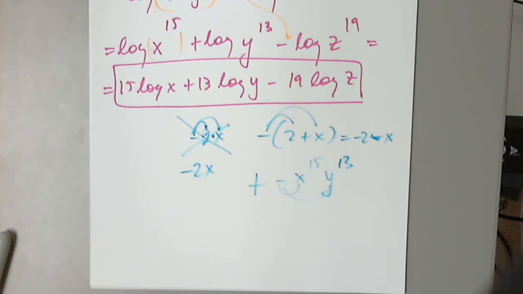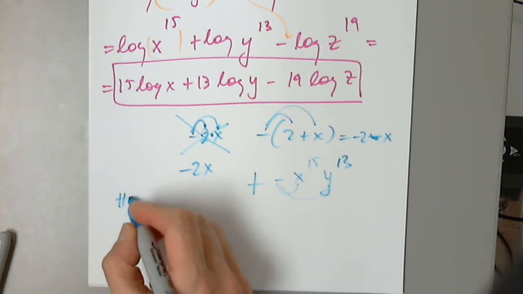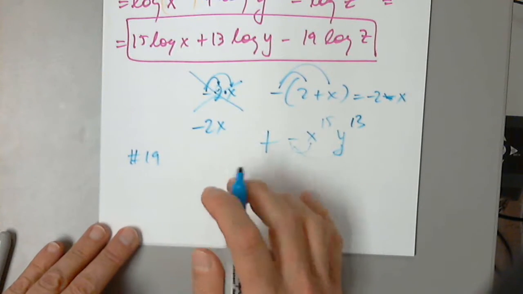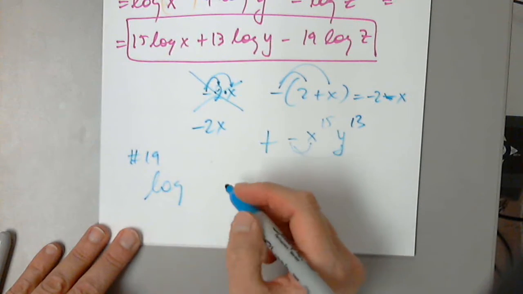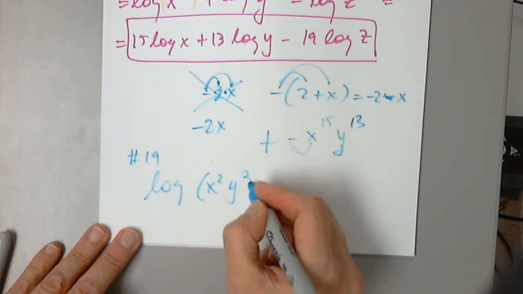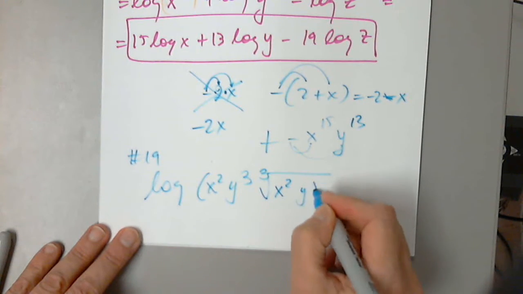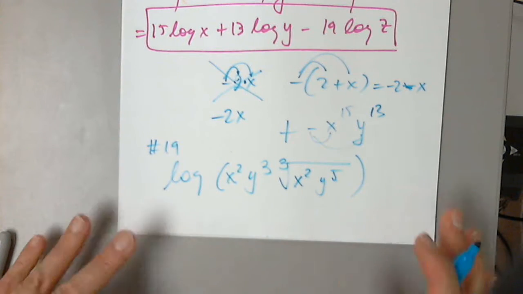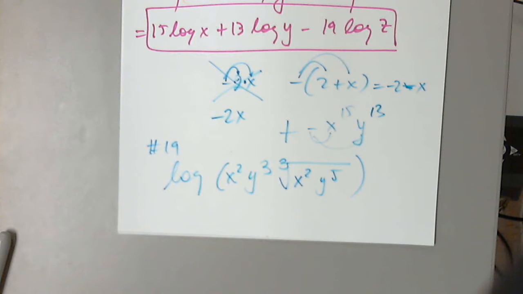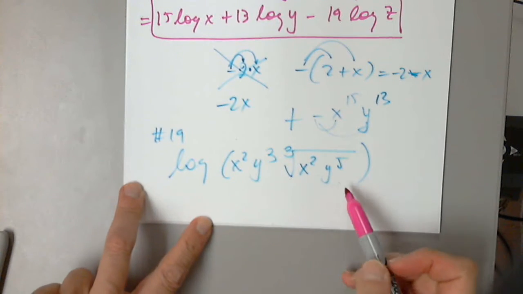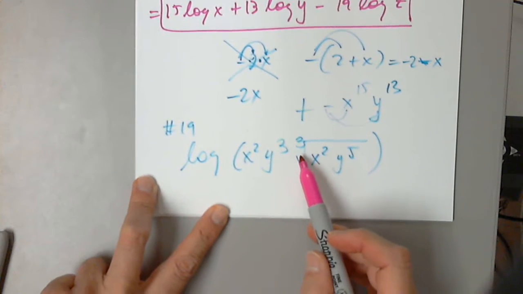Okay, we're looking at 19 now. 19 is log of x squared y cubed and the cube root of x squared y to the 5th. I think this is not a very friendly situation, but I will simplify because I see 5 and 3.